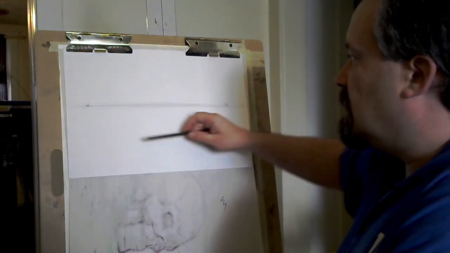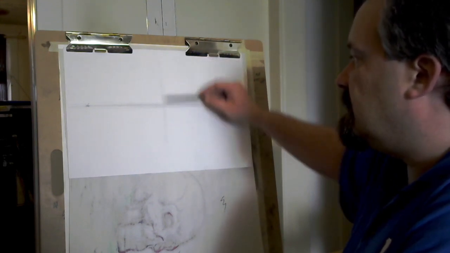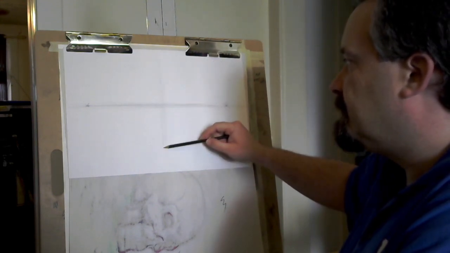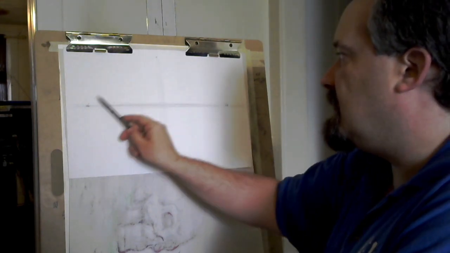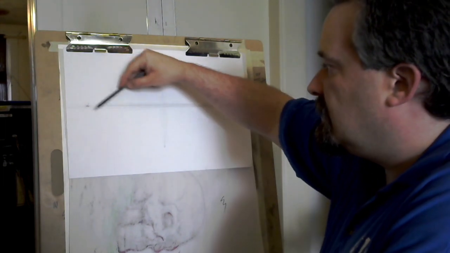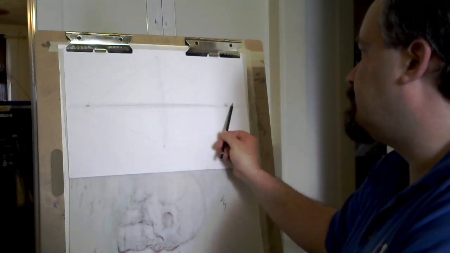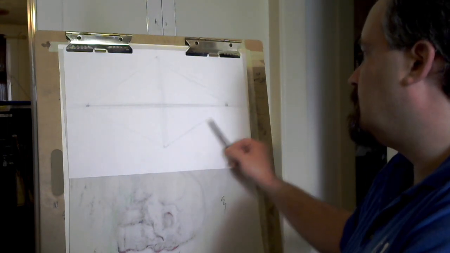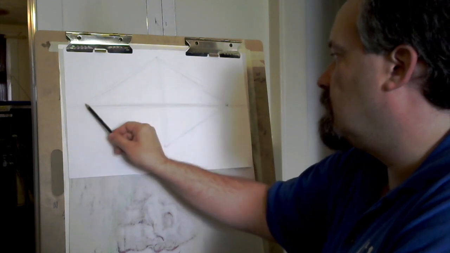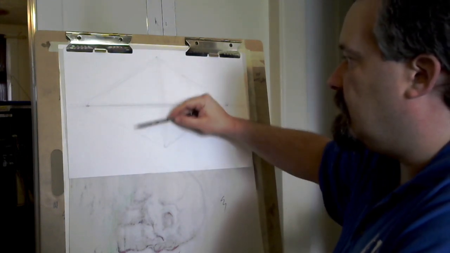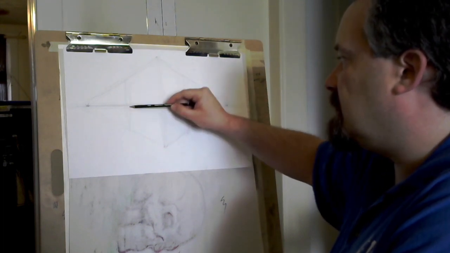So if I were to draw a transverse line straight up and down here, and then take the top and bottom and connect them either side to my vanishing points, and then chop it off certain areas like so.